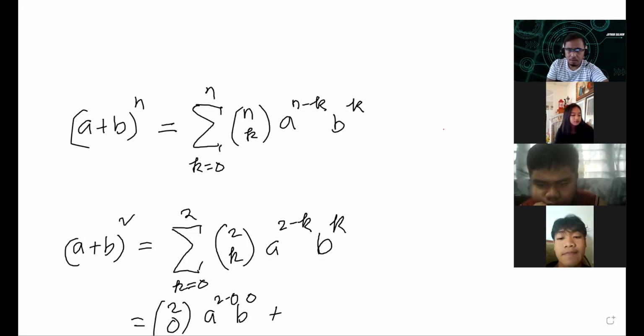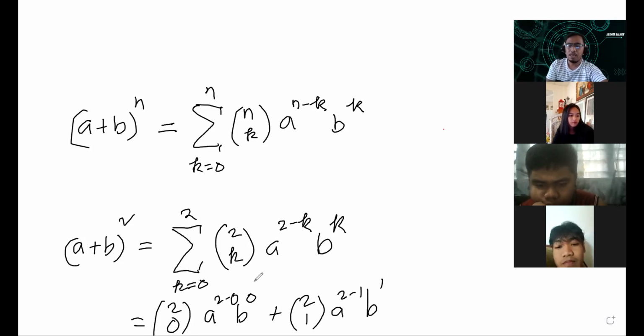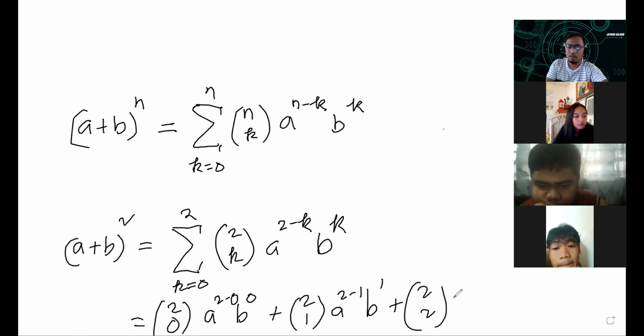It will be 2 taken 1. This time when k is equal to 1, all k's here will be replaced by 1, so it will be a raised to 2 minus 1, b to the power of 1. And lastly, when k is equal to 2, it will be 2 taken 2, a raised to the power of 2 minus 2, b raised to the power of 2.